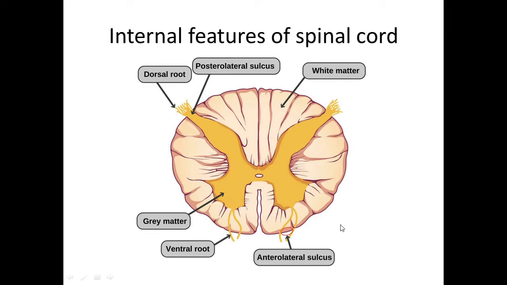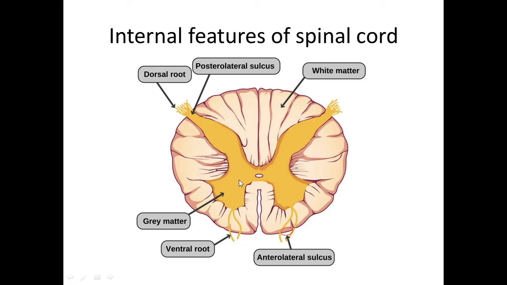Now, internal features of the spinal cord. This is the cross section of the spinal cord. Centrally it shows a canal, called the central canal. Surrounding the central canal there is grey matter, and outside the grey matter is the white matter.